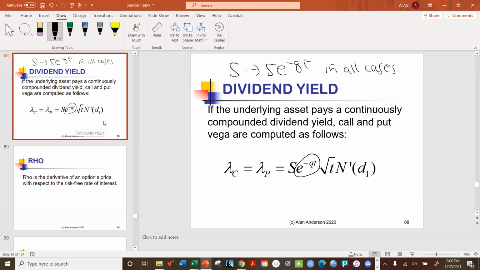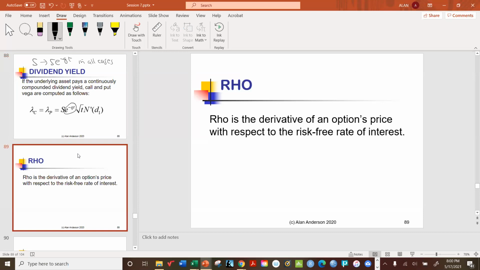All right. Now, the last of the Greeks is rho. Rho, which looks like this, is the sensitivity of the option's price to changes in the risk-free rate of interest. So yeah, sure.